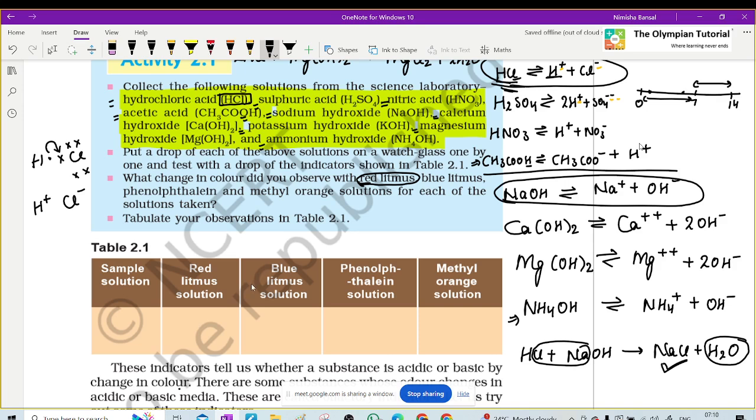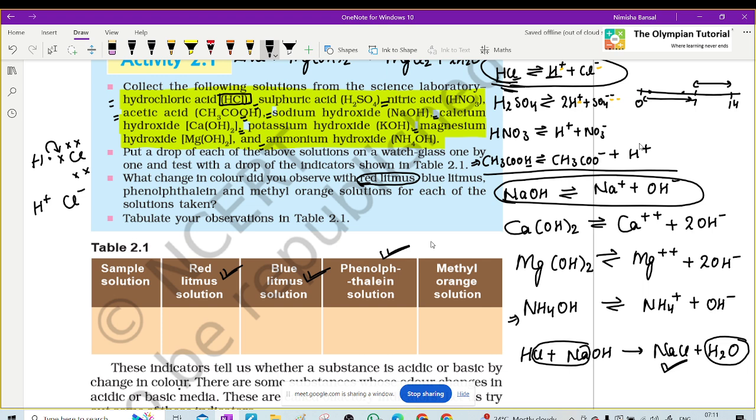For red litmus solution, sorry, blue. Red we have done. For blue, it'll turn red for all the acids and for all the bases it'll be blue. For phenolphthalein, for acids there'll be no change in color.